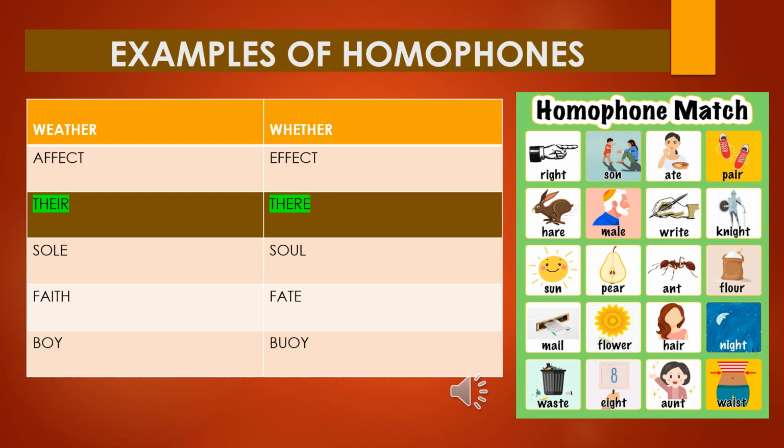And then you have soul, SOLE, and soul, SOUL, and fate, FAITH, and fate, FATE, and boy, BOY, and boy, BUOY. So of course, again, students, you need to remember the meaning of these words in order to differentiate when to use one homophone versus the other.